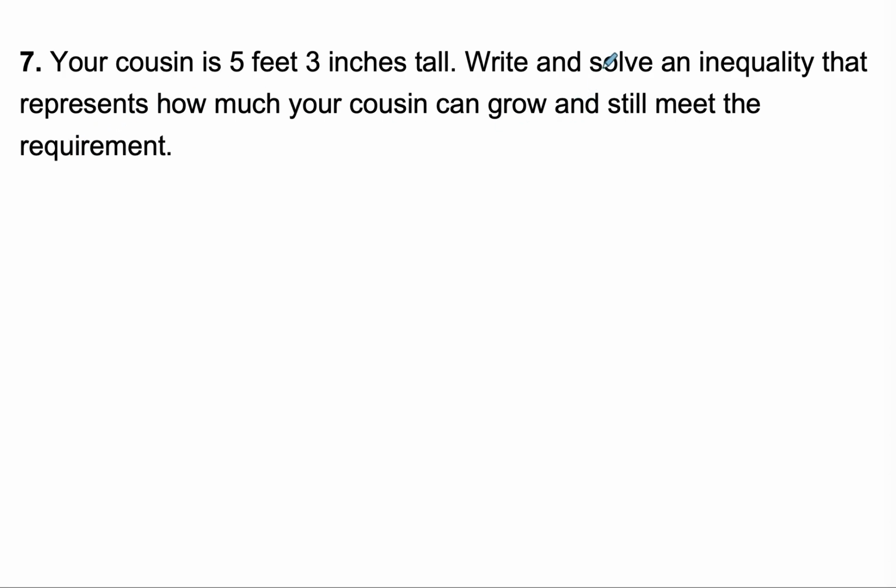Okay, so let's go ahead and check our answers. So we still have that less than or equal to 6 2/25 feet that we had in our last problem. 5 feet and 3 inches is like 5 and 3/12. So to change that 3/12 into a decimal, we do 3 divided by 12. 12 does not go into 3 a whole number of times.